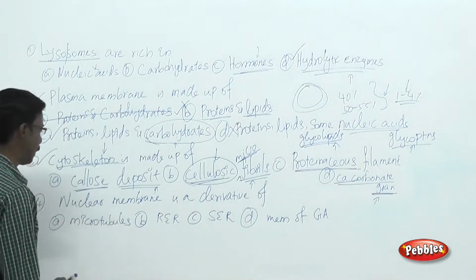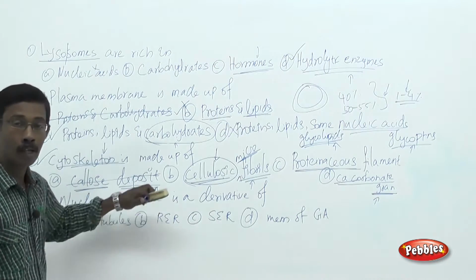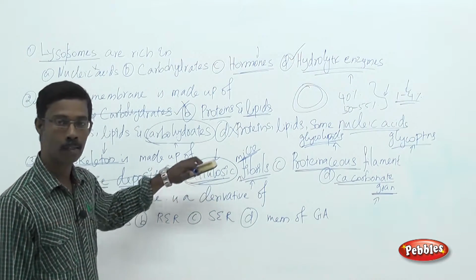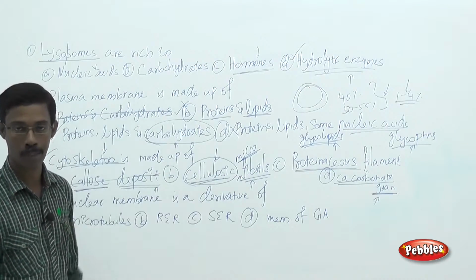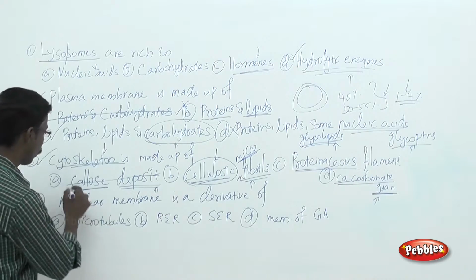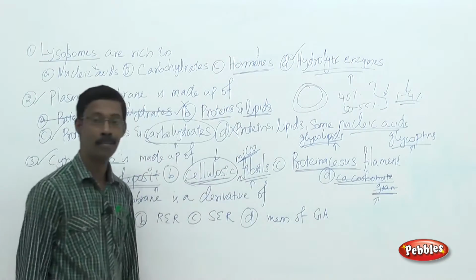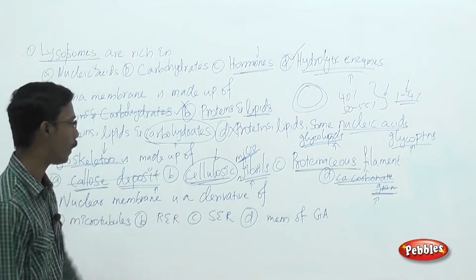Okay, so you can easily eliminate the callus deposit as a wrong answer because there are no calcium or calcium carbonate structures present within the cytoskeleton. They are made up of only the protein components. So the callus deposit and the calcium carbonate are wrong because there are no calcium groups present in the particular cytoskeleton.